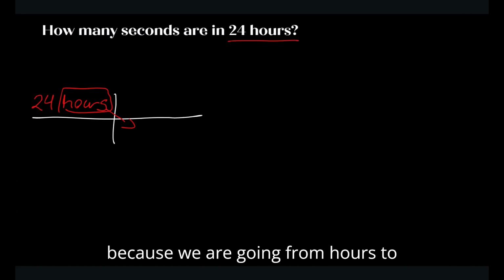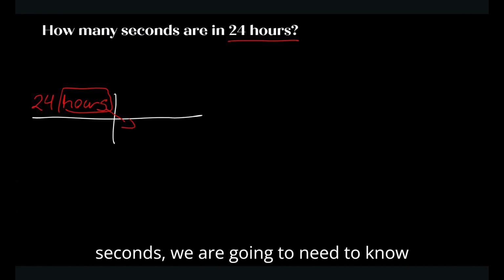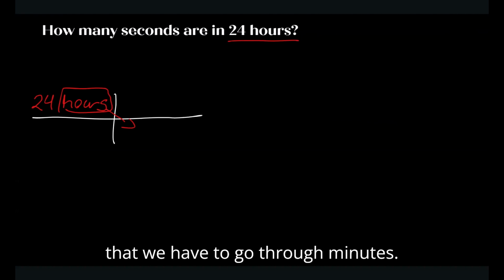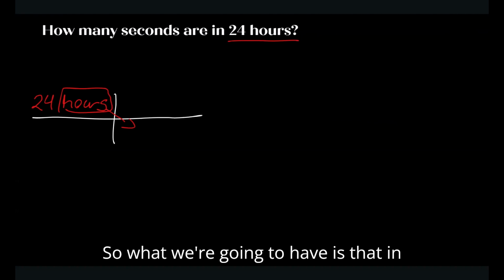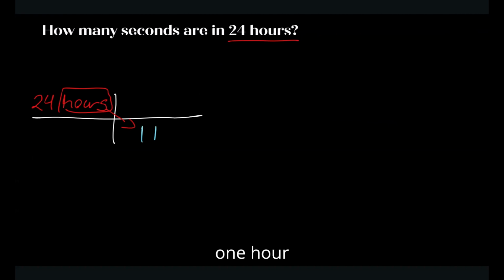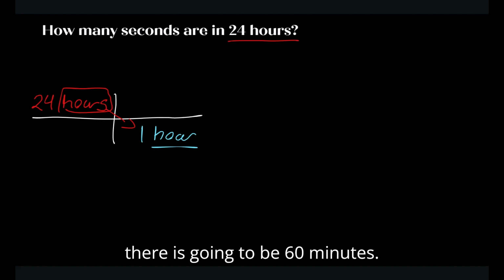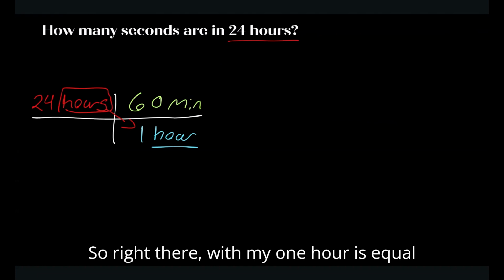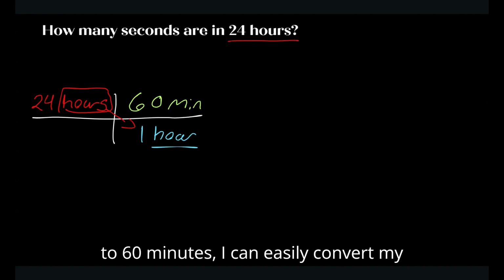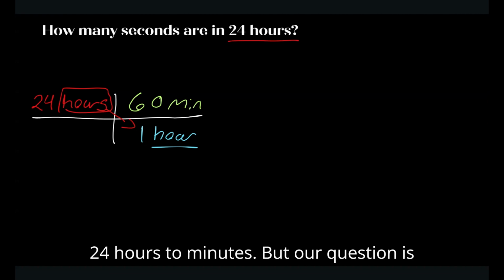Now, because we are going from hours to seconds, we are going to need to know that we have to go through minutes. So, what we're going to have is that in 1 hour, there is going to be 60 minutes.